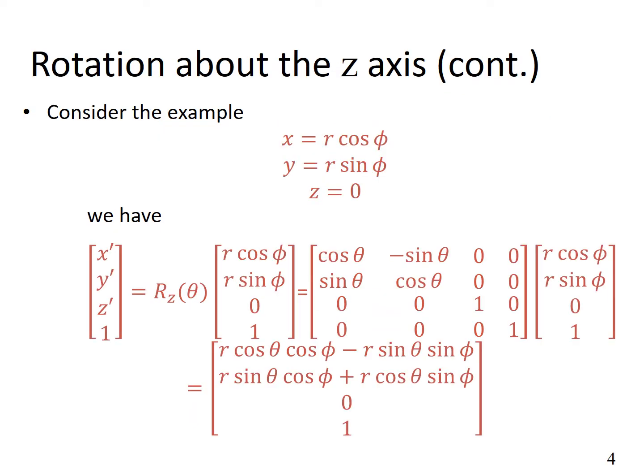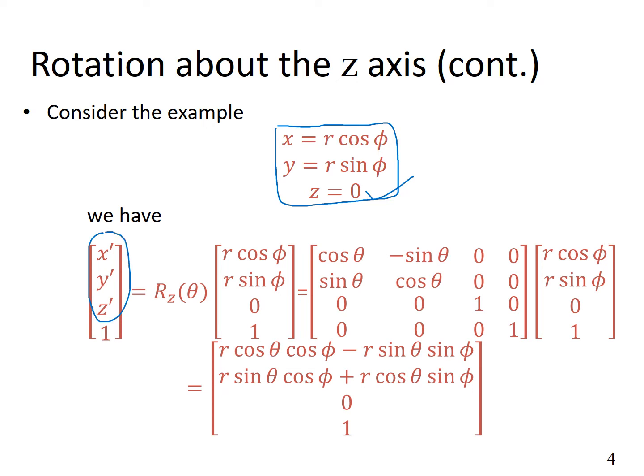Now let's look at the rotation about the z-axis a little bit more closely. So this is the original location of the point with x, y, z coordinates equal to r cos phi, r sin phi, and because our object is on the xy plane, z is equal to 0. The z component is 0. Now we want to derive our new location x dash, y dash, and z dash.